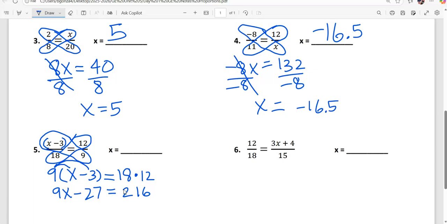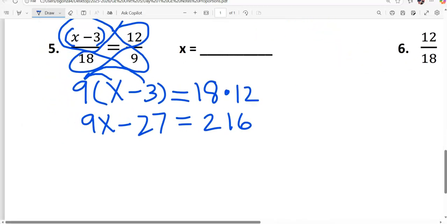So far, I did my cross multiplying with some distribution. But I want you to notice, and this looks like the first week of the whole class, the beginning of the year, this is a 2-step equation. So you have to get rid of the loner and then divide. 2 steps. So what do I get rid of first? The 9 or the negative 27? Which one's the loner? To get rid of a minus 27, I add 27 to both sides.